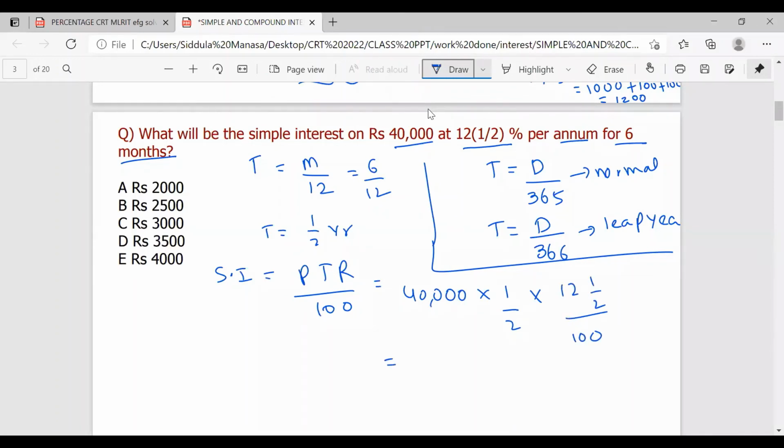So what can we write? The zeros cancel, 400 by 2 becomes 200. So 200 into, 12 and a half becomes 25 by 2. So 2 ones are 200s, and this becomes 2500. So the simple interest earned is 2500.